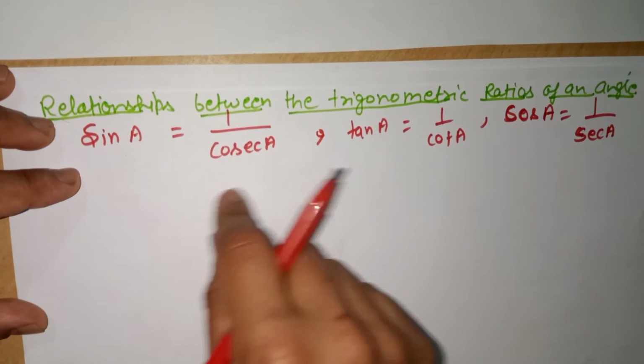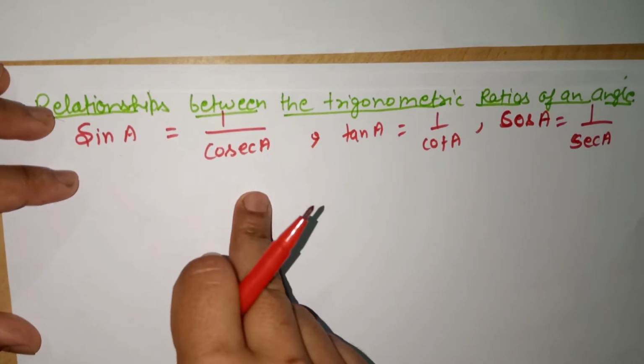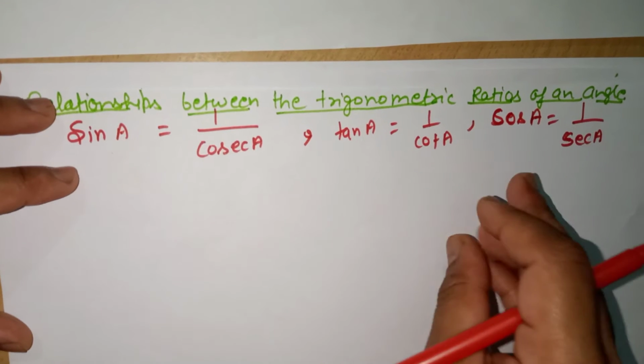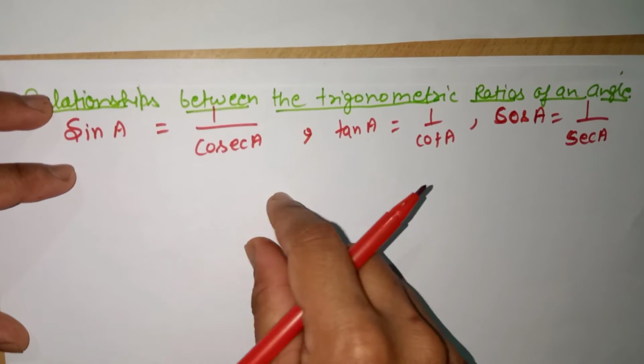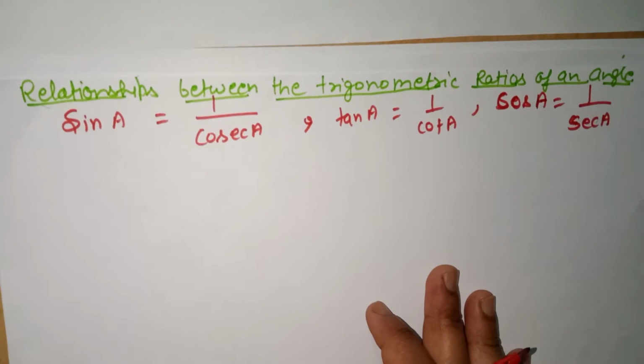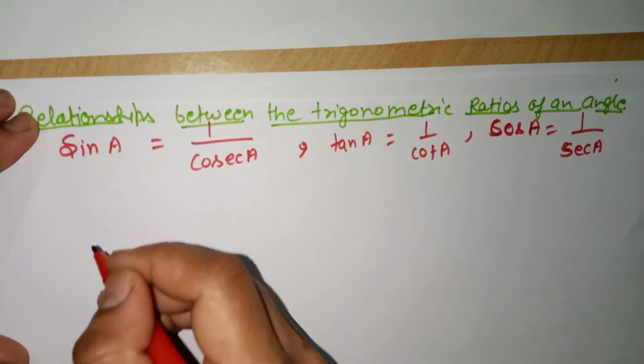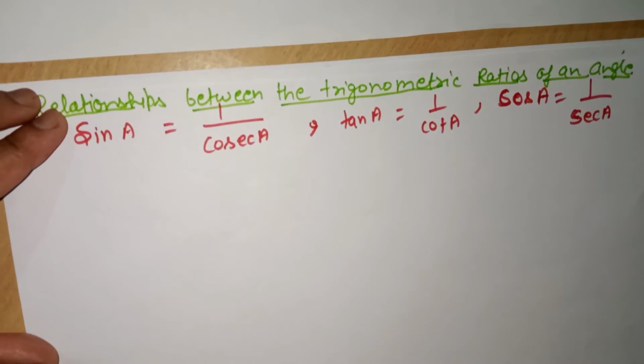From these formulas we can derive another formula, but these formulas are also very useful, so we need to remember all of them, because we have to use them later on in the exercises to solve different trigonometric problems.